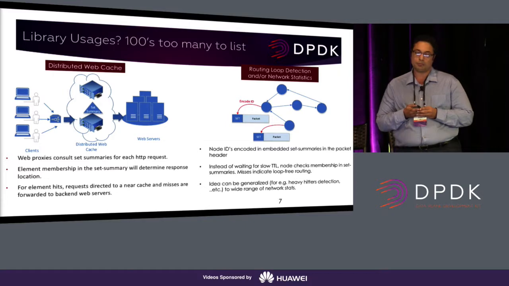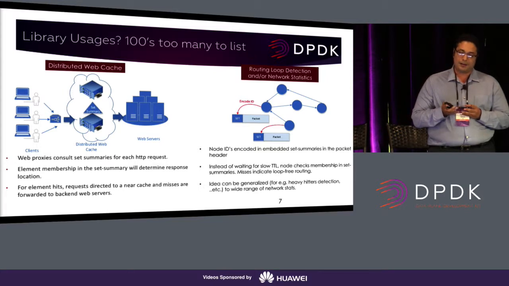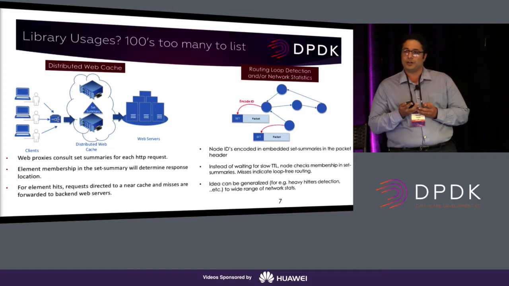One good example of using the library is a distributed web cache, where you have a front end of proxies storing some objects, and clients are accessing these objects.